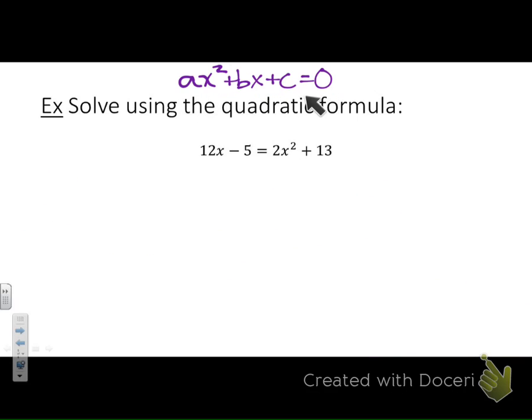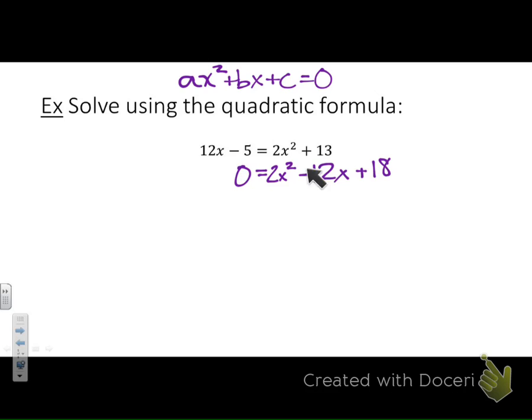It's got to be in this form before we can assign what the leading coefficient is, what the linear coefficient is, and what the constant is. As long as all terms are on one side and zeros on the other. So I noticed that my quadratic term is here, and I like dealing with a positive leading coefficient. So I'm actually going to get everything to the right side.